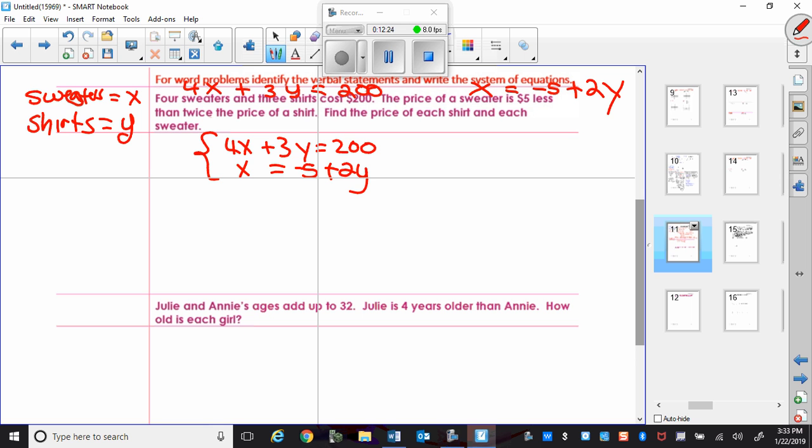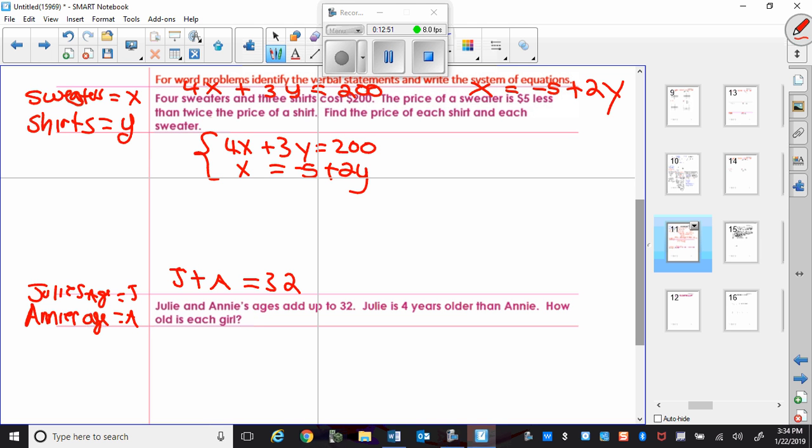Next, we have Julie and Annie's ages. So Julie's age equals J. Annie's age equals A. So Julie and Annie, and means plus, add up to, so they equal 32. Now, looking at the next sentence, we have Julie is 4 years older than Annie.